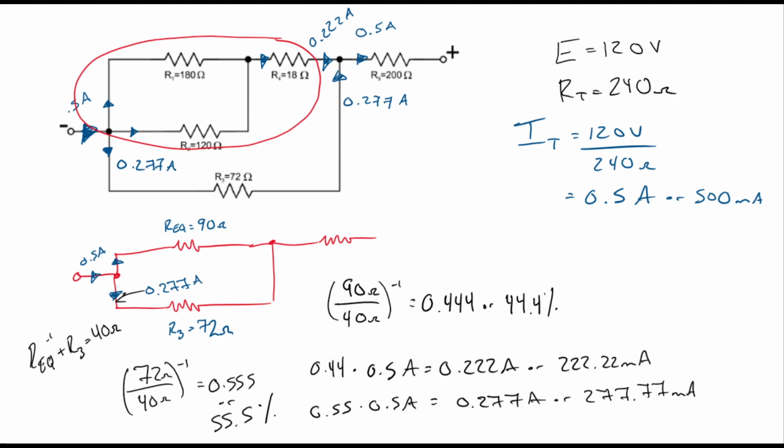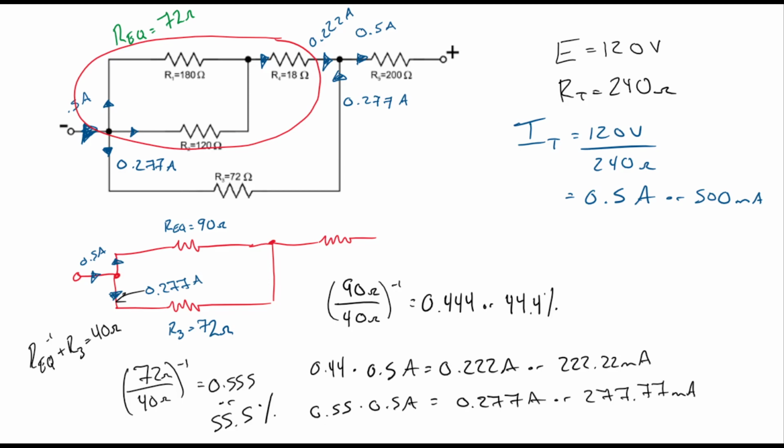So how do I solve for current flowing to the 120 and the 180? Well, if you remember, we came up with an equivalent circuit for that as well. So the R equivalent for this was 72 ohms. So now I can use that same percentage calculation that I did in the past.